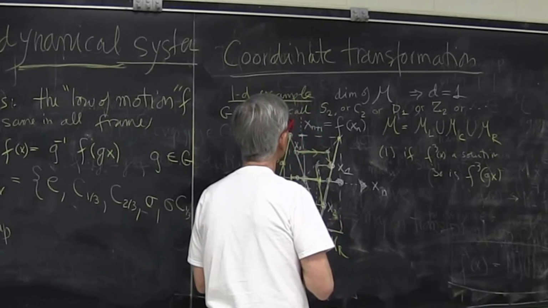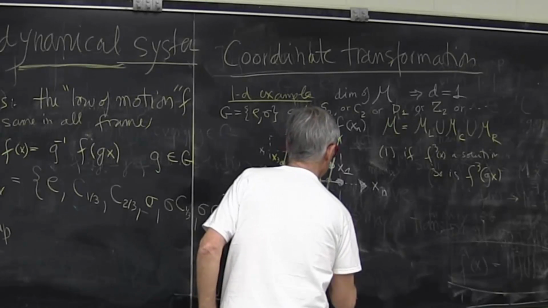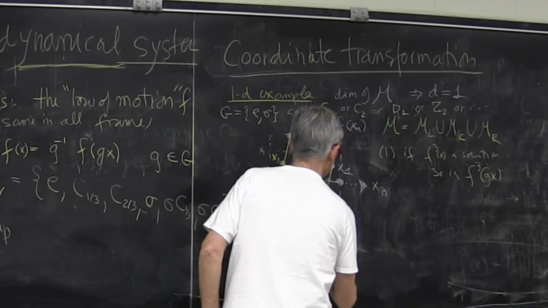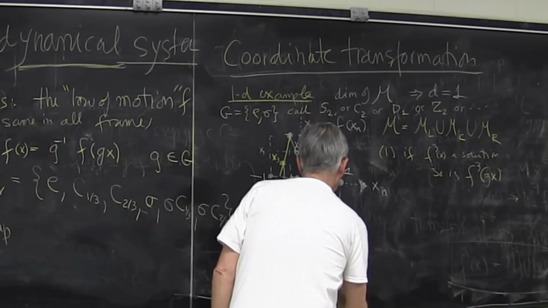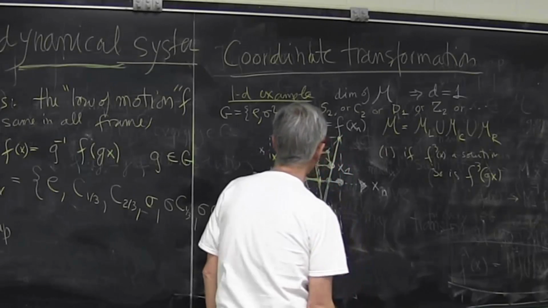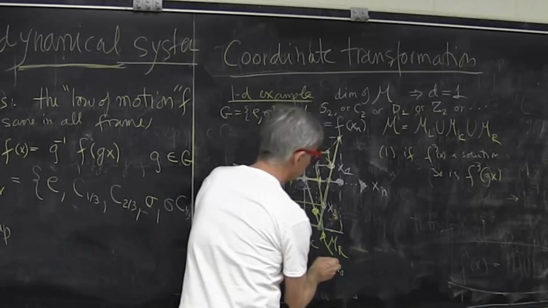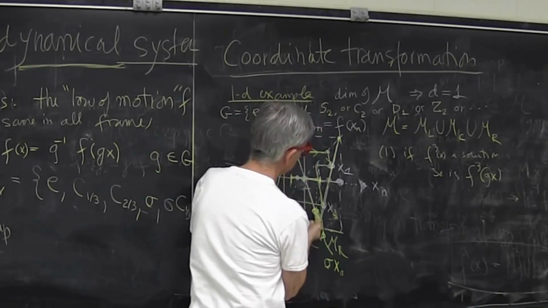Let's see, maybe green. So this point is x0 flipped by sigma. So that means if I was here, I start there.